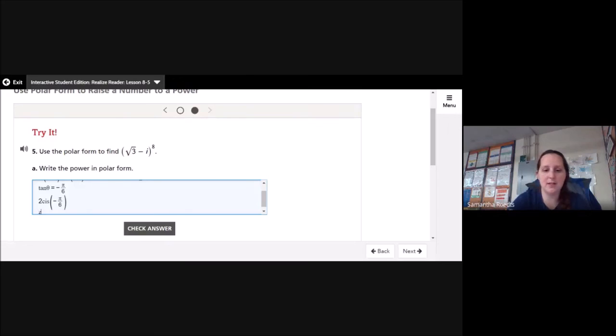So I get 2 cis negative pi over 6. So then z to the 8th equals 2 to the 8th cis 8 negative pi over 6 because I'm applying the formula. So this will give me 2 to the 8th equals 256. And then 8 times negative pi over 6, well, simplified, gives me negative 4 pi over 3.